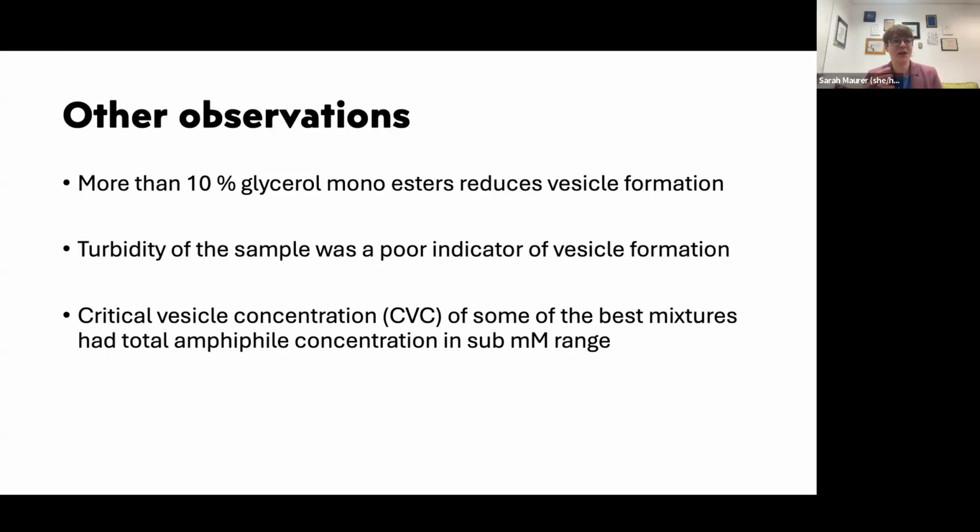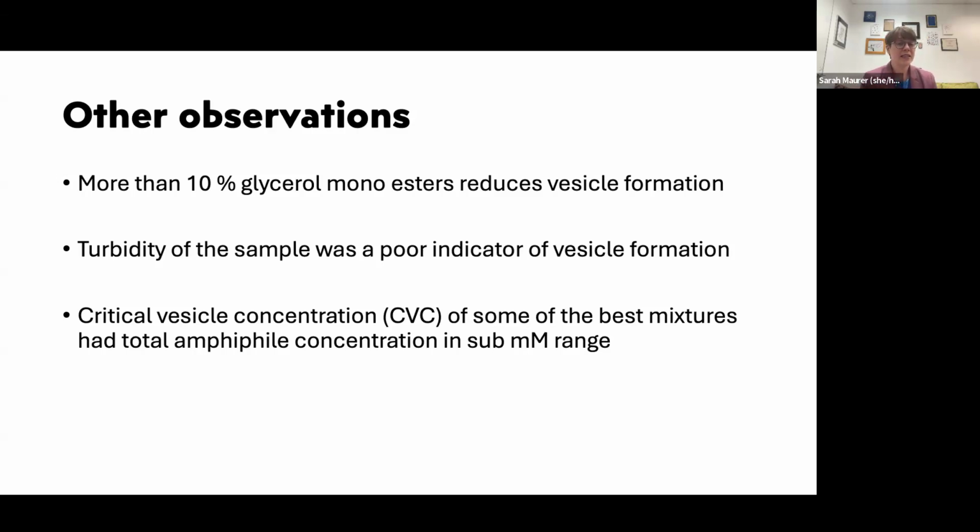I was hoping we could quickly scan a plate and it would be able to predict whether or not a well had vesicles so that we wouldn't have to do microscopy on it, right? Like if it's not turbid, then don't do microscopy. And it turns out that a lot of our very low turbidity solutions have vesicles present.